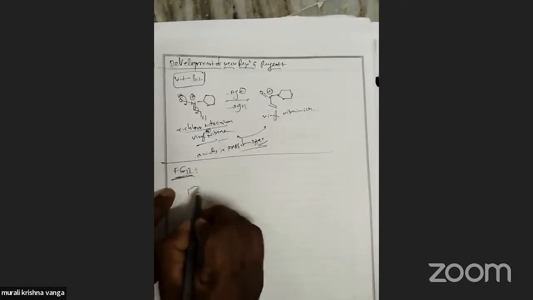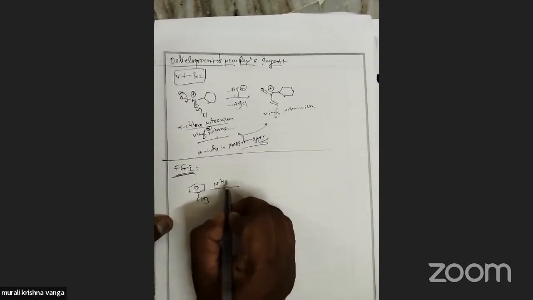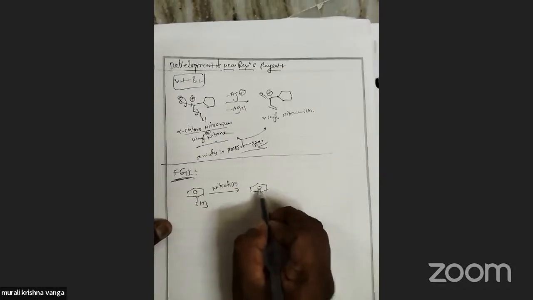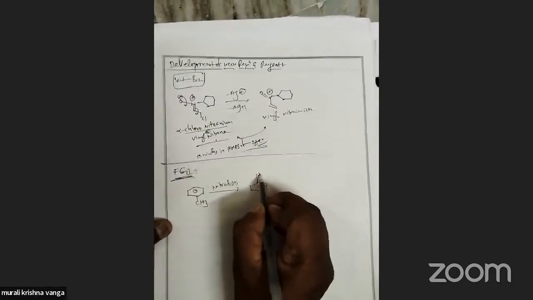Simply, I am taking toluene. This toluene undergoes nitration. When toluene undergoes nitration, nitrotoluene is formed.